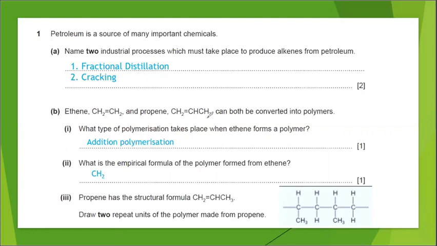When an alkene forms a polymer, it can only happen by addition polymerization. Because there's a double bond, the bond can break and something could be added across the double bond. With alkenes, the type of polymerization that we can have is addition polymerization.